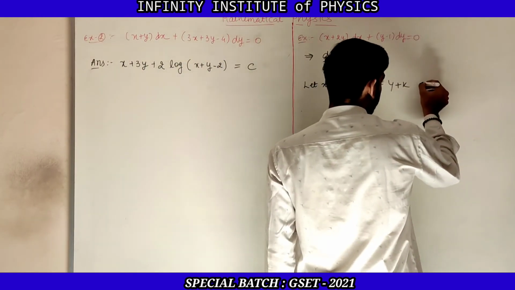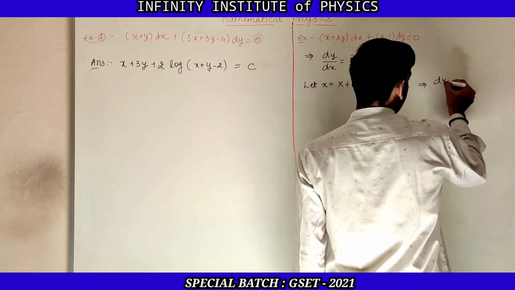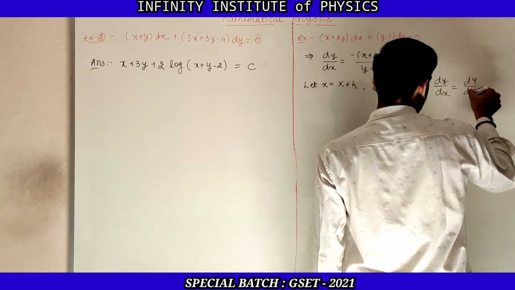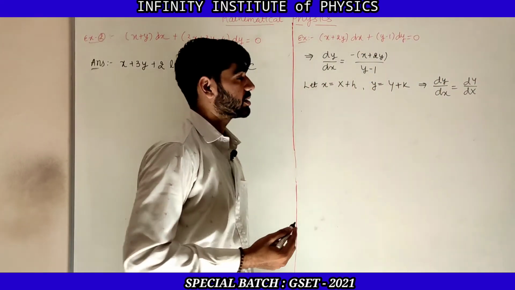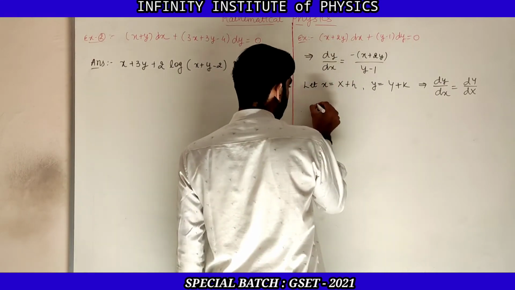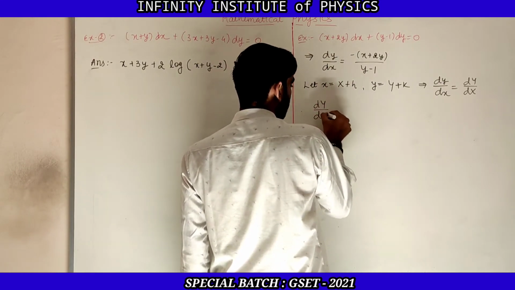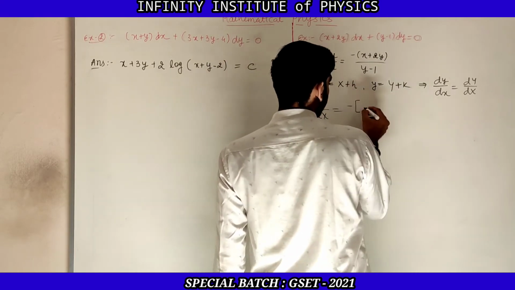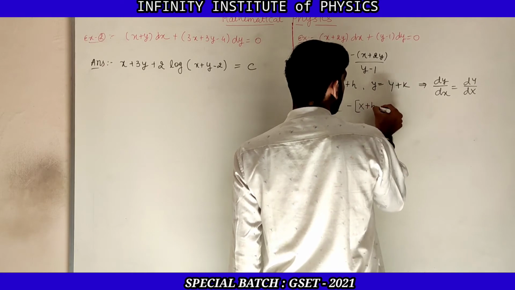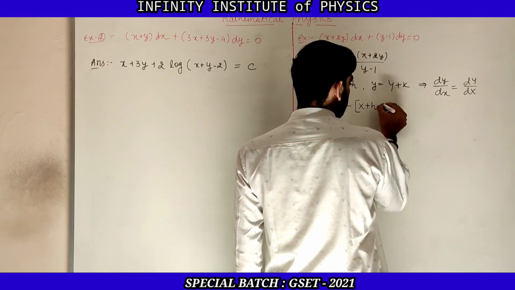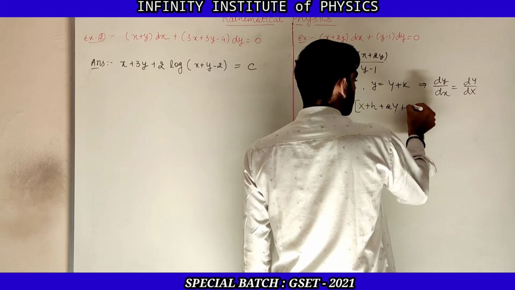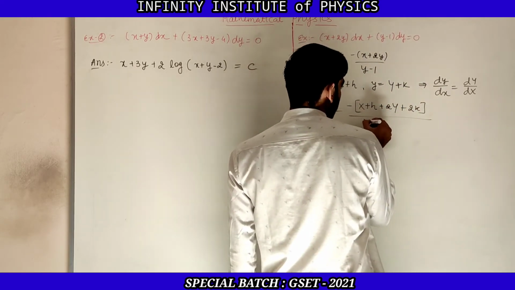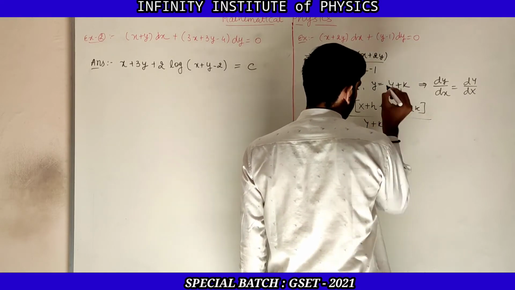We have already studied that small dy by dx is equal to d capital Y upon d capital X, which is equal to minus, in place of x we write X plus h, in place of y we write Y plus k, so 2Y plus 2k, upon Y plus k minus 1.